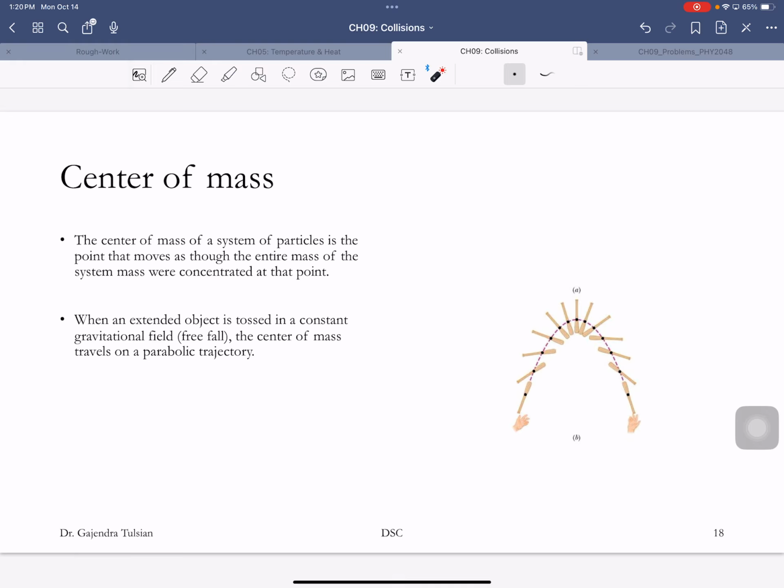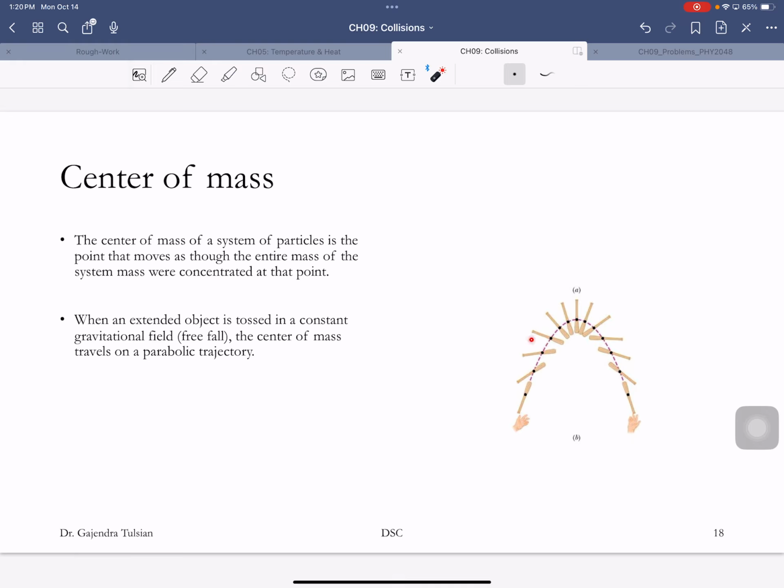Okay, so for an extended object, only one point went on a parabolic trajectory. And that point was the center of mass. No other point goes in a parabolic trajectory. Okay, and that's what this diagram is showing you. So only the center of mass goes on a parabolic trajectory.